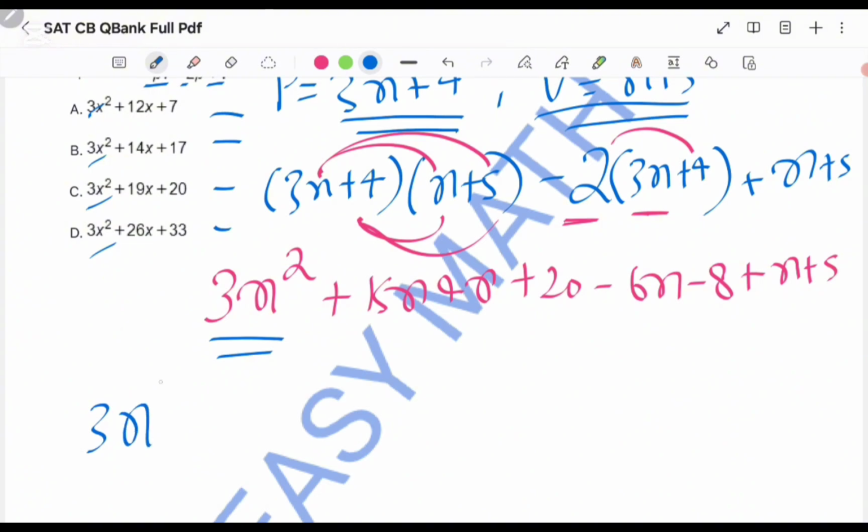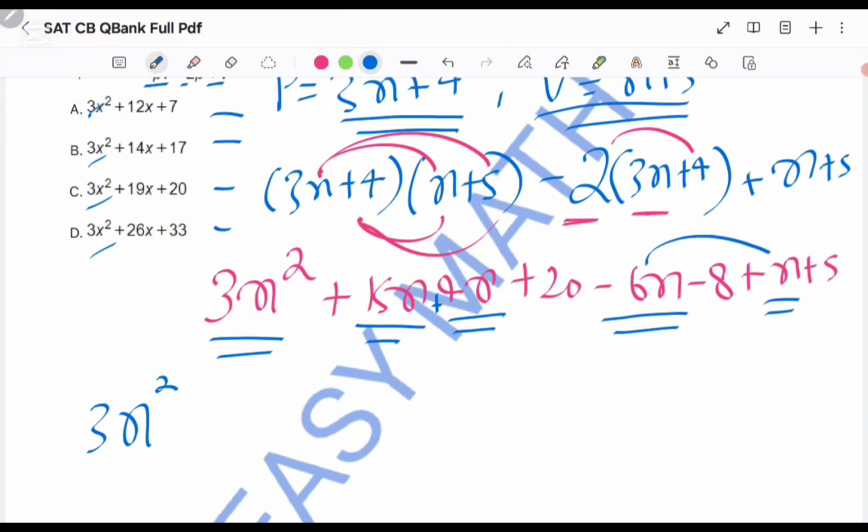So we have 3x squared, and now we look at the other like terms. We have 15x, 4x, negative 6x and x. These are like terms.